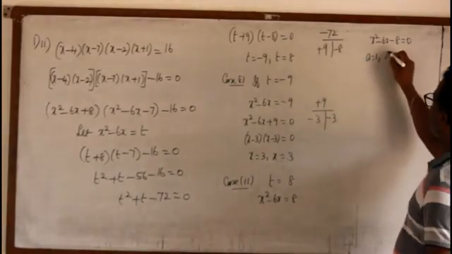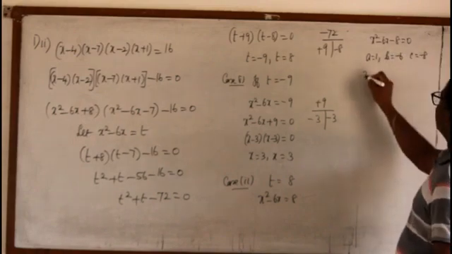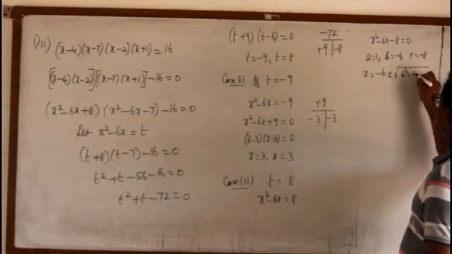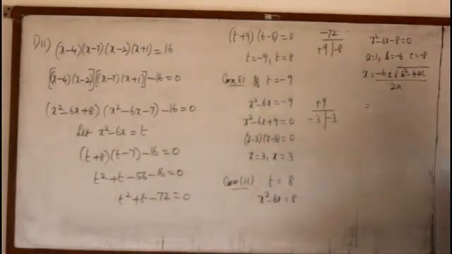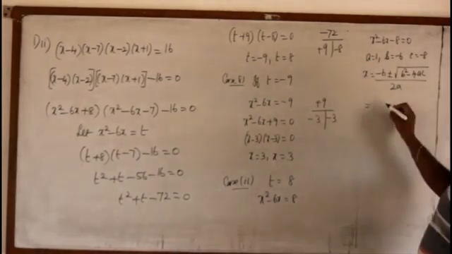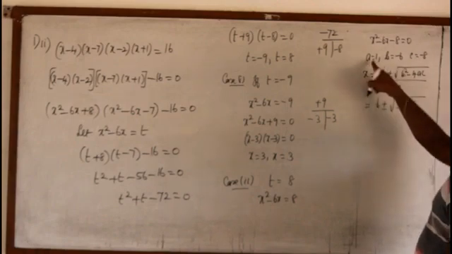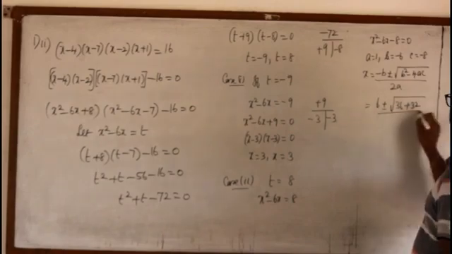Here a equal to 1, b equal to minus 6, c equal to minus 8. Then x equal to minus b plus or minus root of b square minus 4ac, divided by 2a. It is not factorizable, so always we can go for the formula. It is 6 plus or minus root of 36 minus 4 into minus 8, which is plus 32, by 2.